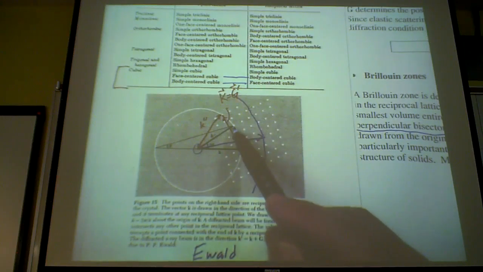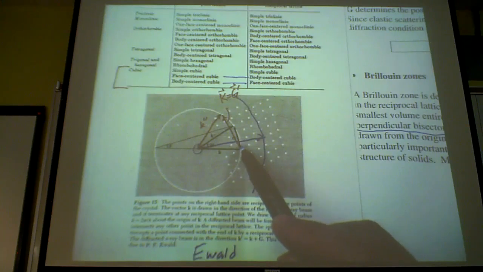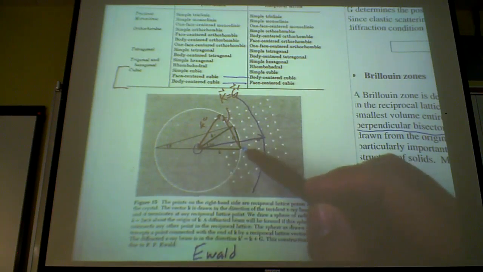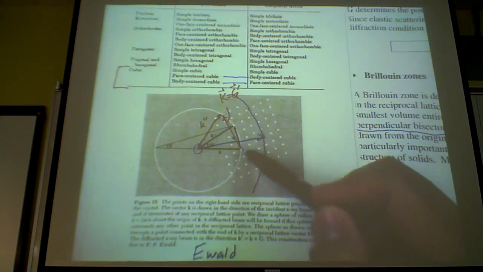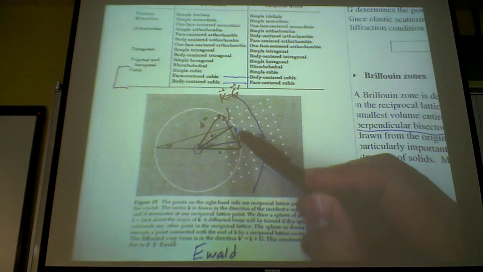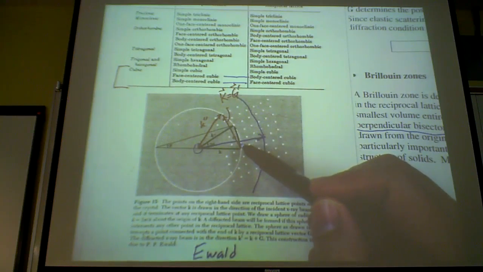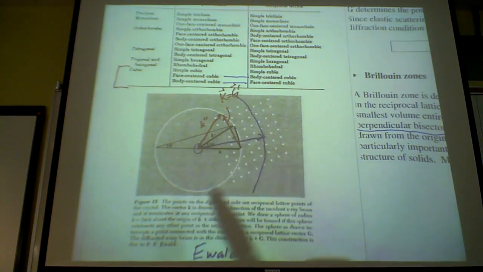So here I go from here to here, and this change in direction, the momentum transfer vector, must be G. This gives me my reciprocal space integer of G. So you can see G here is like 1, 2, 3 times whatever unit reciprocal lattice in this direction. So this is an integral multiple of my reciprocal space lattice. That corresponds to my diffraction phenomenon.